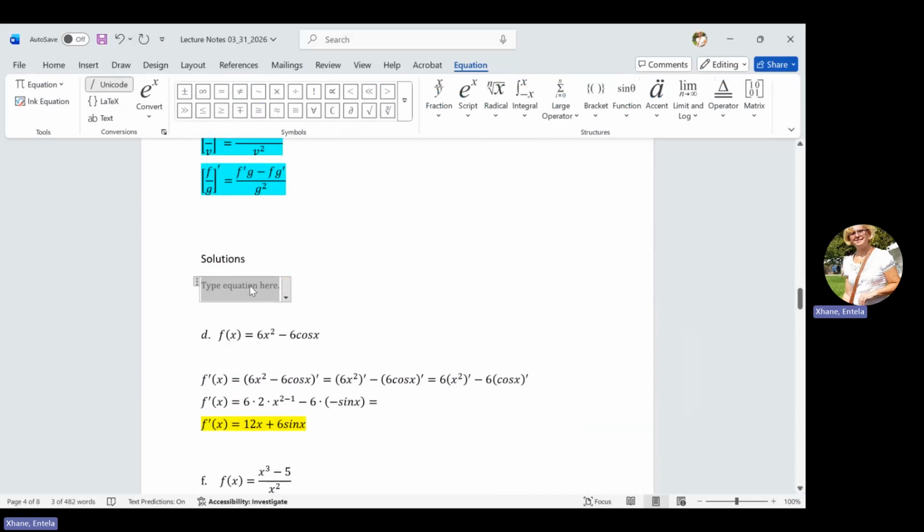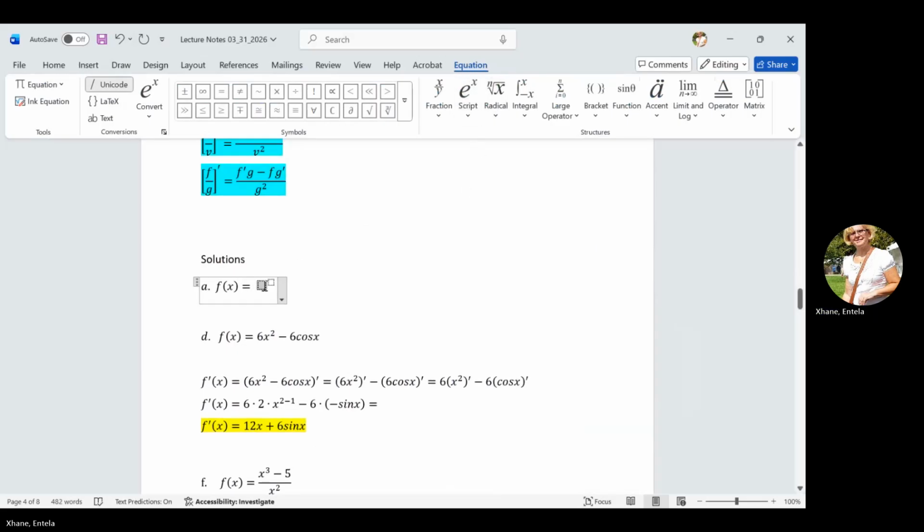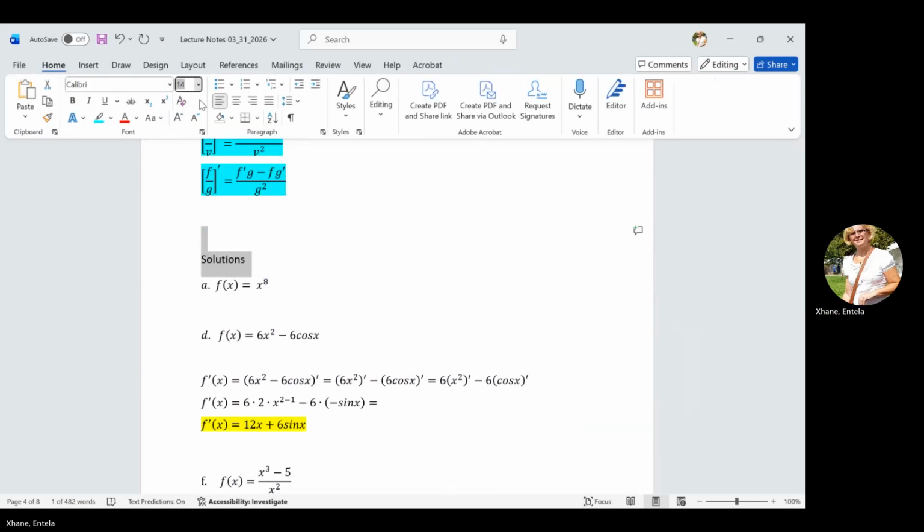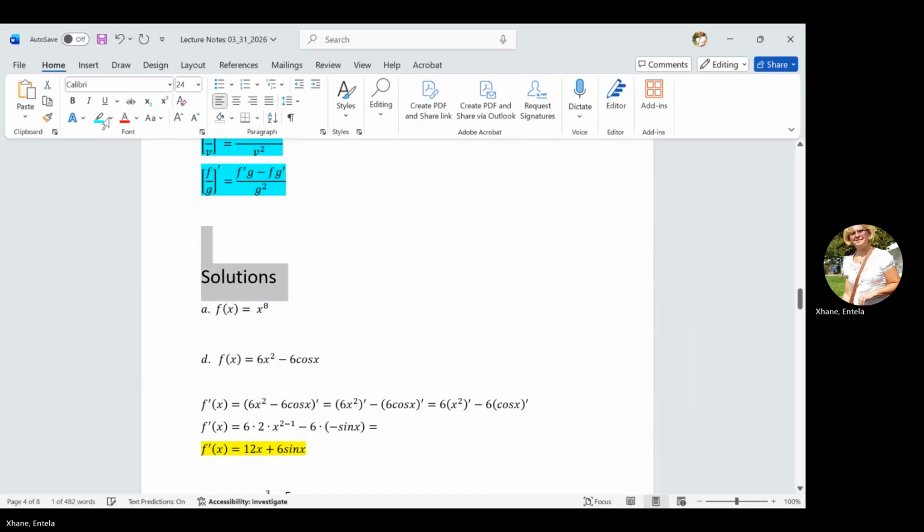Okay, now it's better. So this is part A. We have a function f of x that is given as x to the power 8. Our goal is to find the derivative. So to find the derivative, find f prime of x using power rule.